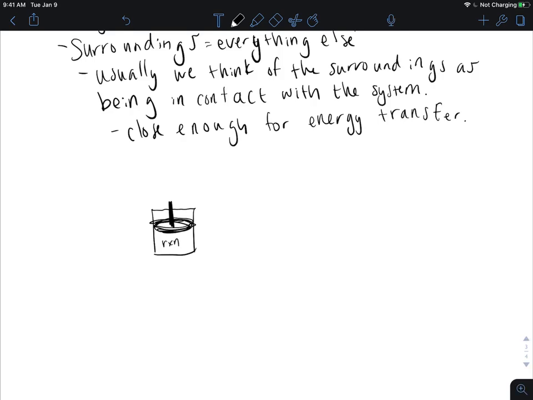The reaction itself would be our system, and then our surroundings would be the cylinder, the piston, everything beyond.